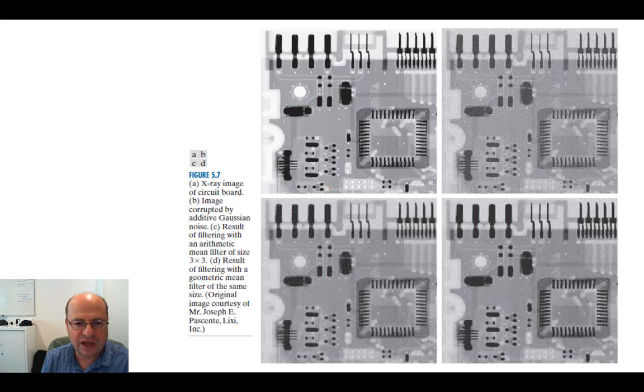This is an example of an X-ray image of a circuit board. This is the image corrupted by Gaussian noise. And this is the result of the image filtered with an arithmetic mean filter of size 3 by 3. And this is the result of applying the geometric mean filter to this image. Which one is best? They're pretty much the same, right?